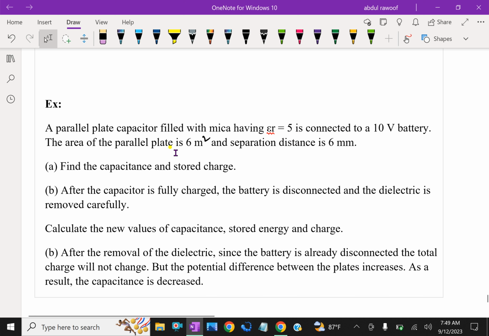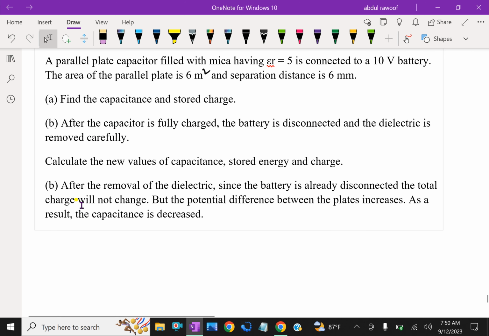The area of the parallel plate is 6 meter square and separation distance is 6 mm. Find the capacitance and stored charge. Second one, after the capacitor is fully charged, the battery is disconnected and the dielectric is removed carefully. Calculate the new value of capacitance, stored energy and charge.